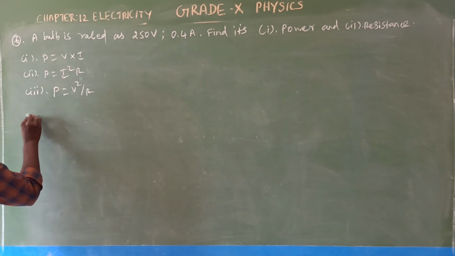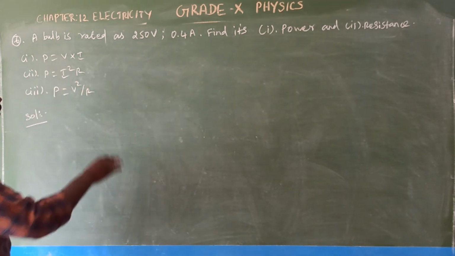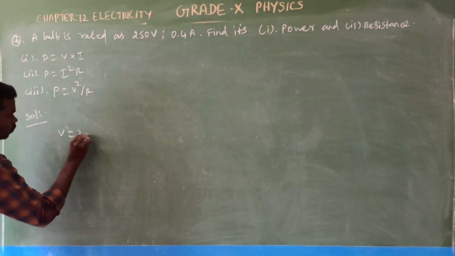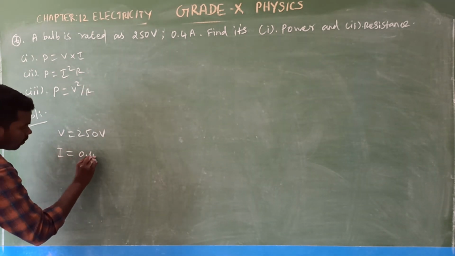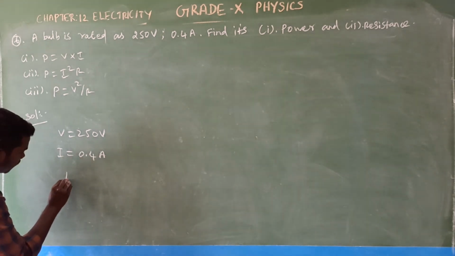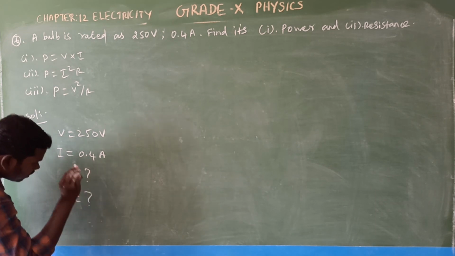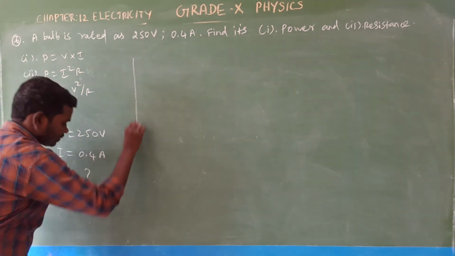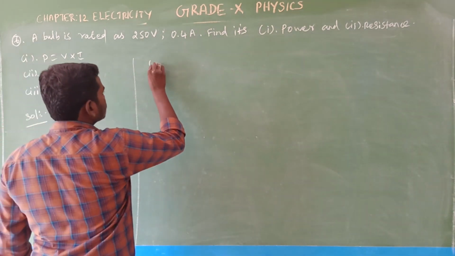Okay, so let's start with our solution. First of all, you write what are the values we know. V value is equal to 250 volt, I value, current value 0.4 ampere. We need to calculate power, and resistance we need to calculate. Yes. First we'll start with power. So first one, find the power.